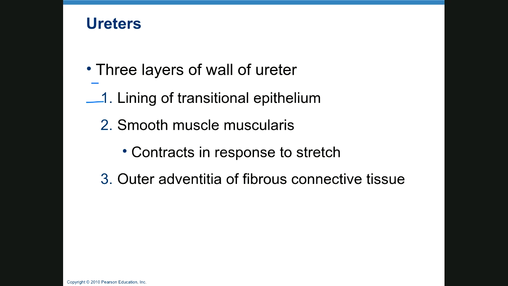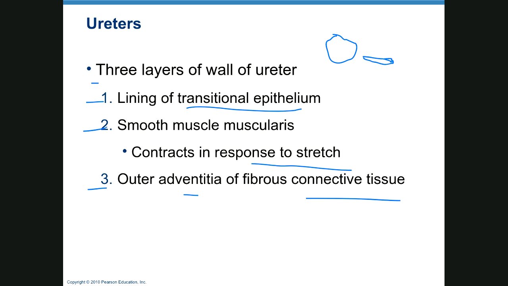You remember transitional epithelium is big and poofy, and then when it gets pressure on it, it's squashed. Your urinary bladder has the same thing. And then when the pressure's let off, it poofs back up. Then smooth muscle muscularis that contracts in response to stretch, and an outer adventitia with fibrous connective tissue.